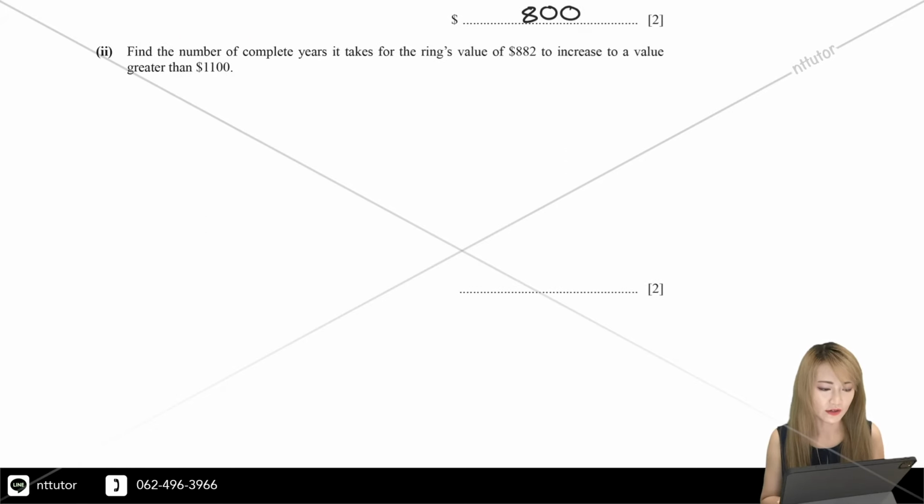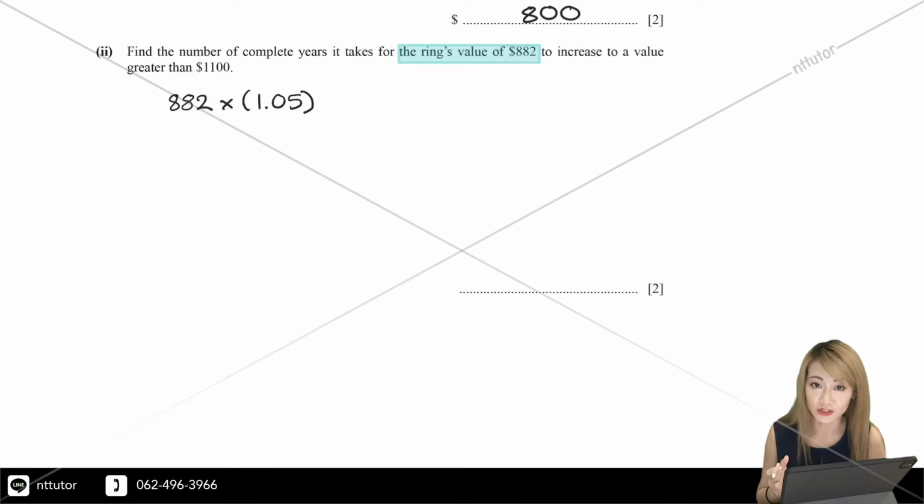So this means that with 882, every year that goes by, it goes up by 5%. And we start with $882.